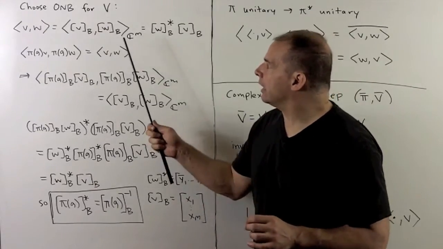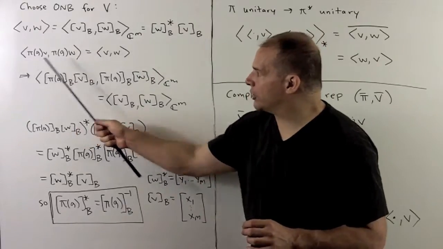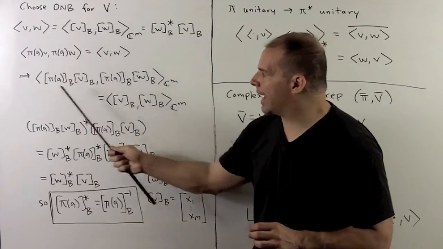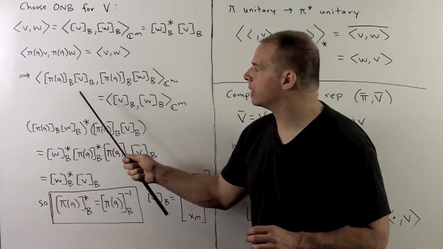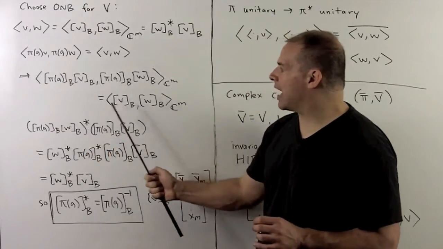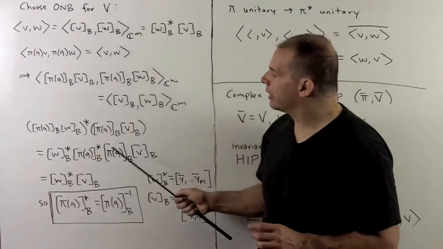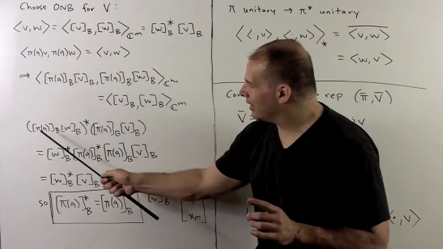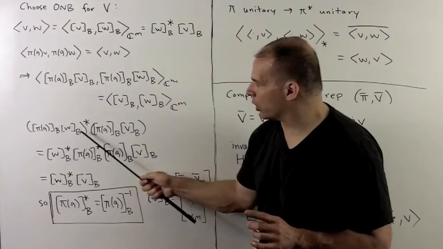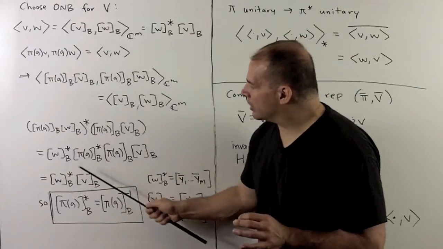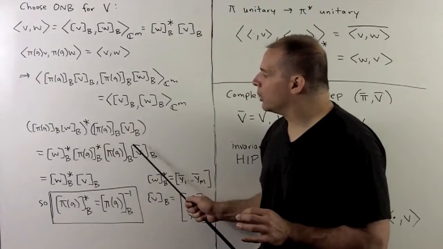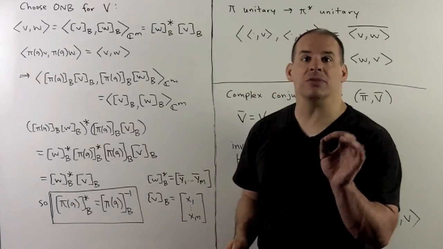Now, if we interpret our equation for unitarity, we're going to pass to our basis, so coordinate vectors and associated matrices. We use our definition with the conjugate transpose, and we get this. Then we can rewrite this by switching the order here. Now, this matrix product on the inside is going to disappear, which is just the matrix definition of unitarity.